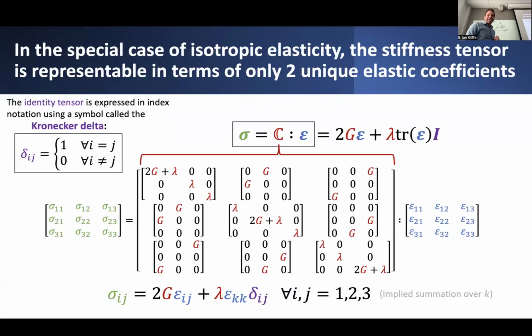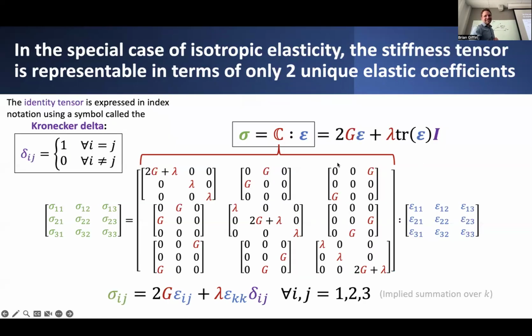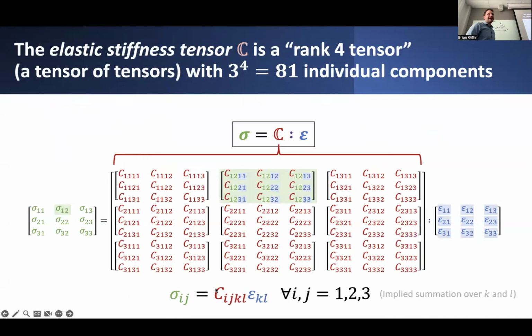And you can imagine why you would want to go through the trouble of using this kind of weird index notation, because especially when you get into the subject of anisotropic materials, where it's no longer possible to reduce everything down into just G and lambda, now you have a bunch more constants you have to worry about. And in general, the representation of the elastic stiffness tensor becomes a little bit more complicated.